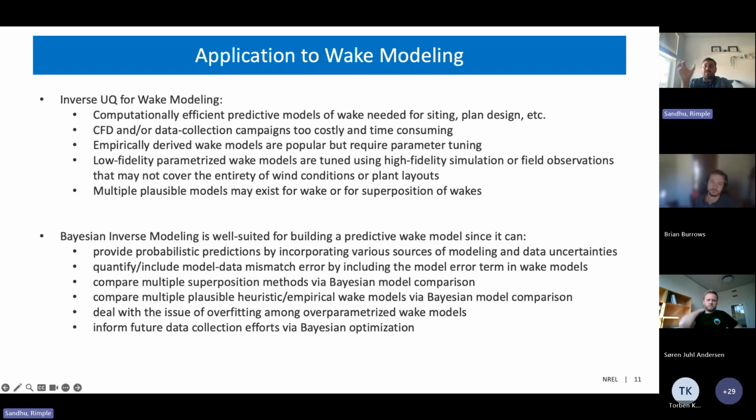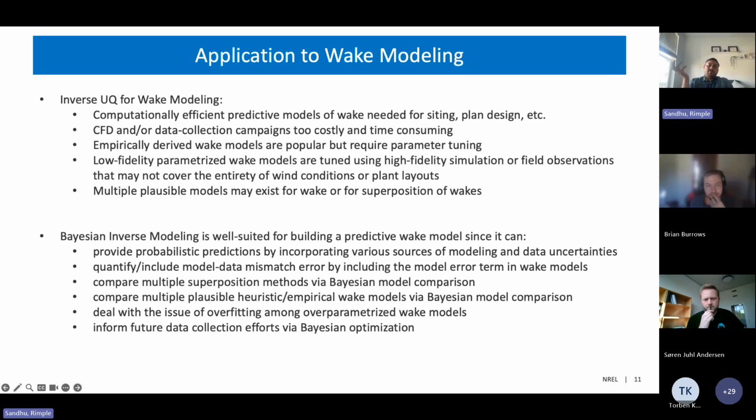So there's some uncertainty in that respect. I tried to compare wake modeling with what I did, and I saw a lot of similarities. So inverse UQ definitely needs to happen for wake modeling. There are definitely a lot of uncertainties going on there.